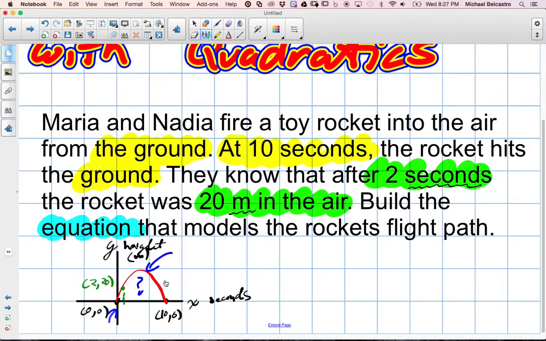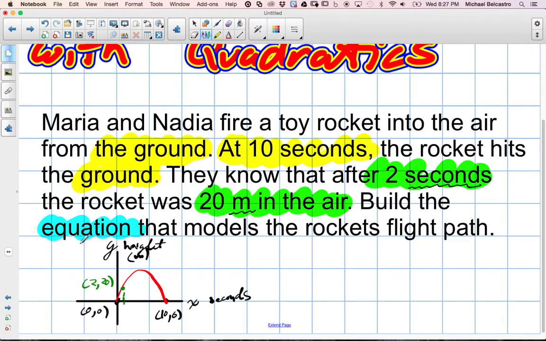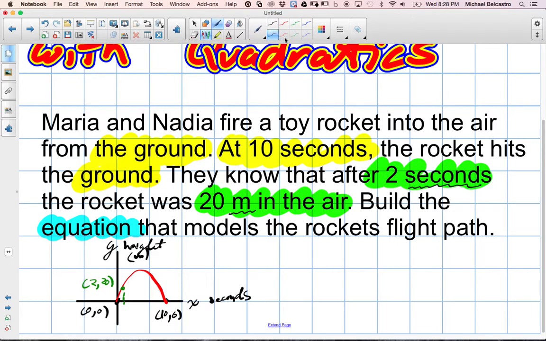So if our goal is to build an equation, usually the best two to work with are either our vertex form, which is, do you use f of x? Yeah.